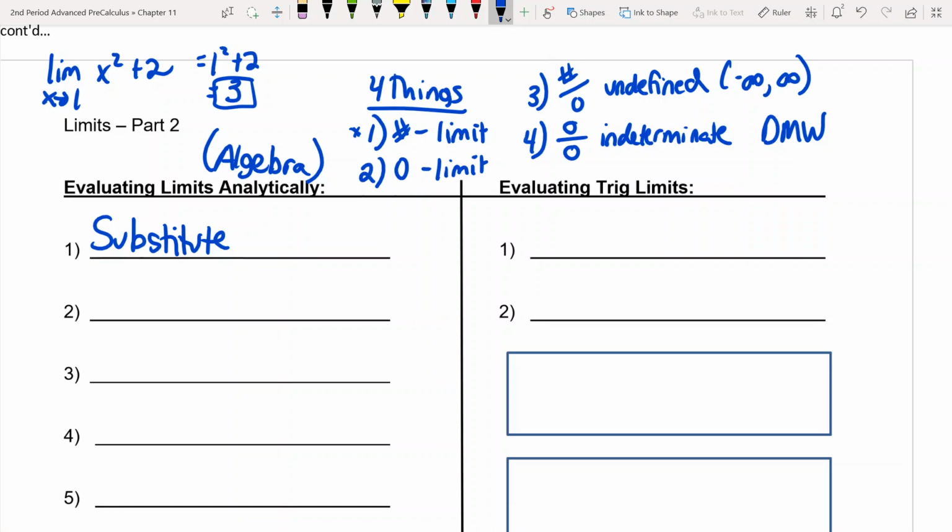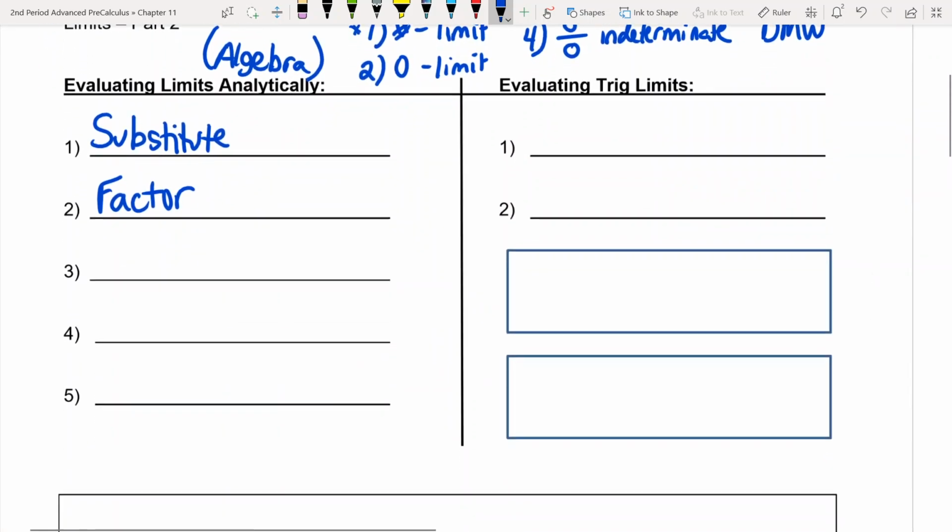But let's say substitution doesn't work. We then have to go to option 4, which is do more work. And do more work could be something like this. We might need to factor. Once we factor, maybe there'll be stuff that cancels out and we can simplify. We might need to rationalize.